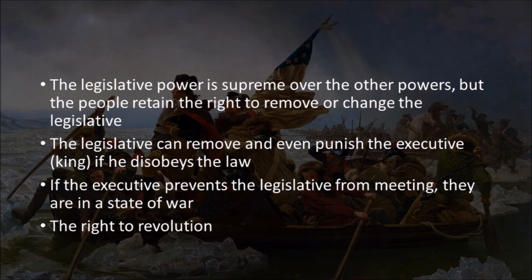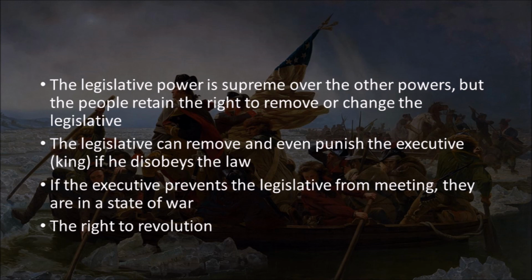And then he goes on to say that if the executive prevents the legislative from meeting, that is, uses his troops, for instance, to stop members of parliament from meeting, or even tries to just simply declare that they should not meet, then he says the executive is in a state of war with the people.